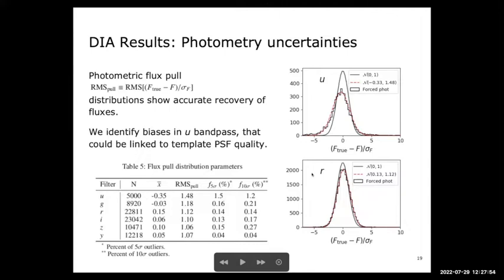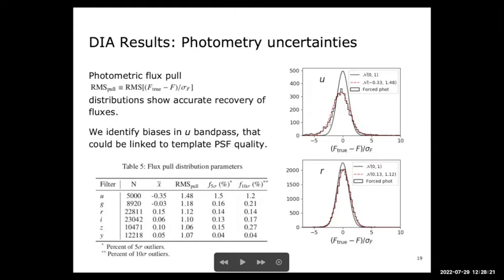If we also construct the photometric flux pulls, we can additionally check what the uncertainties in our pipeline are. We weight the bias from the true flux and use the uncertainty as the denominator, and getting the distributions of this, we can see if the pulls look okay or not. What we would expect is a zero mean, unit dispersion Gaussian.